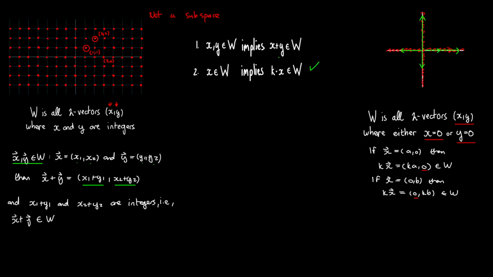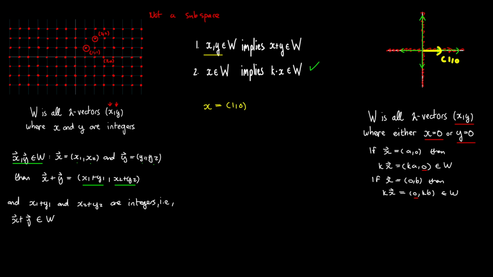Now, why does property 1 fail? To show that 1 fails, we have to give 2 examples of vectors which are in W, but when we add them, the sum is not in W. So let's let, for example, x be equal to (1, 0). So it's just going to be this vector over here.